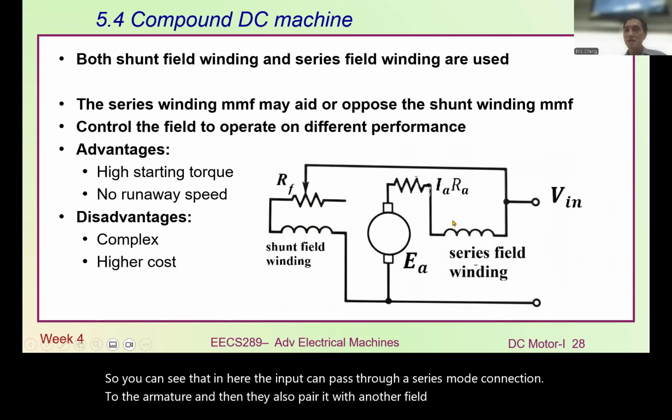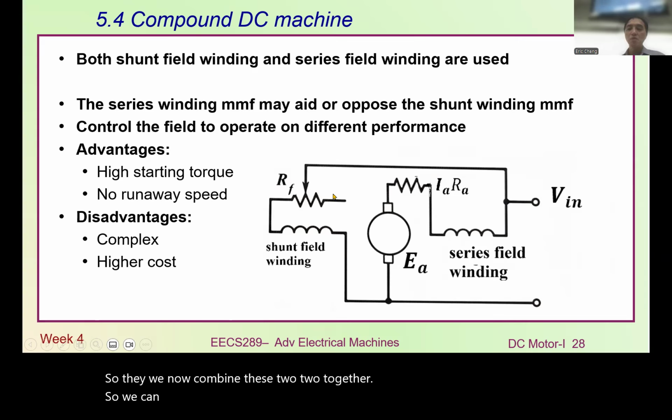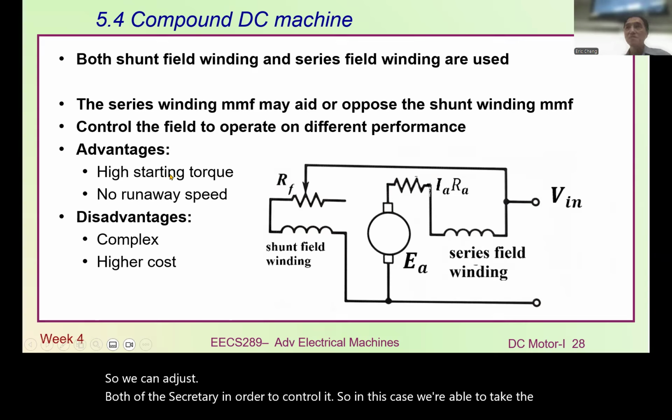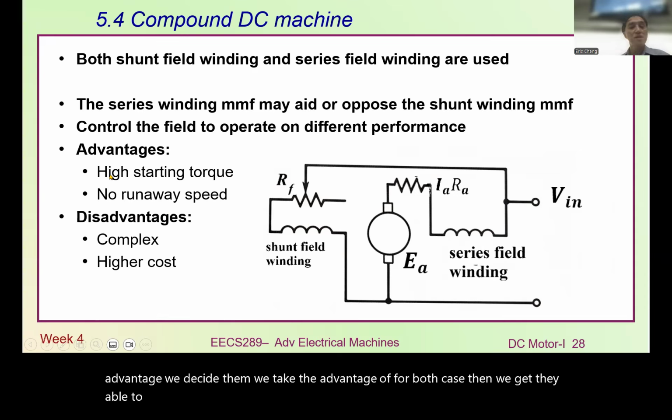So we now combine these two together, so we can adjust both of the circuitry in order to control it. In this case, when we design them, we are able to take the advantage of both cases. Then we are able to regulate its performance, including adjusting for higher torque.